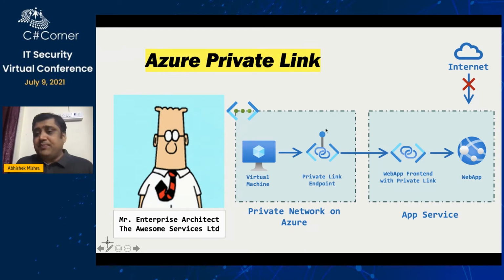Suppose I have enabled private link on this web app. Anyone accessing this virtual machine, which is inside this VNet, can access the web app from here. But outside this VNet, I will not be able to access the web app. This connectivity will not be allowed.